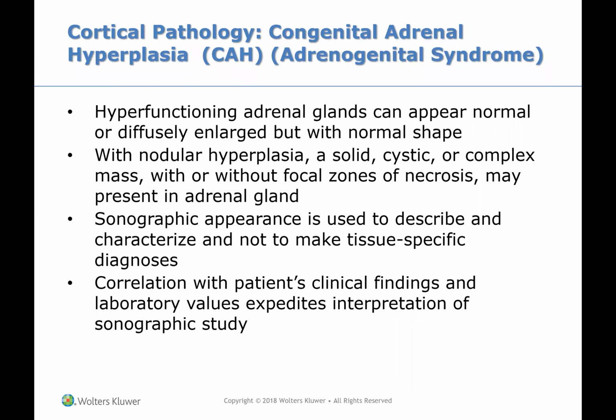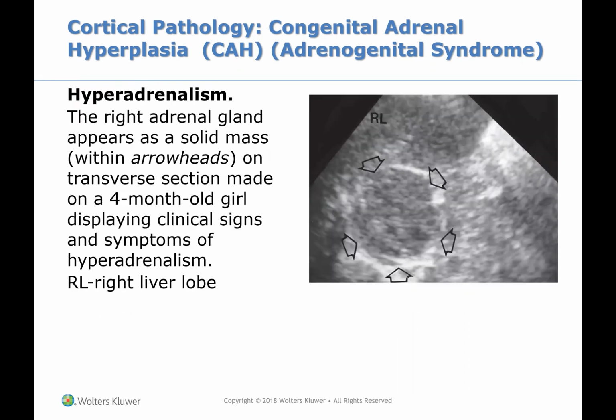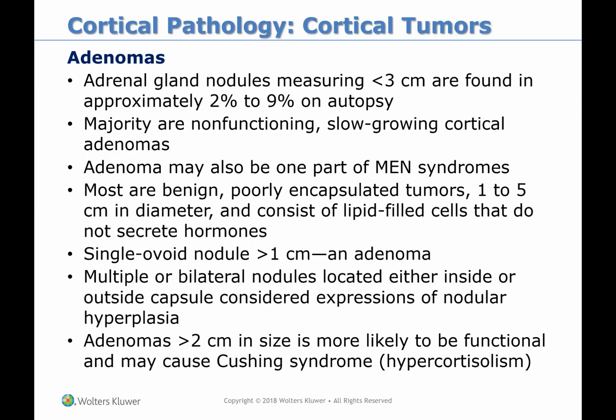Hyperfunctioning adrenal glands can appear normal or diffusely enlarged, but with normal shape. We can also have some cortical tumors. Adenomas, which measure less than 3 centimeters, are found in approximately 2 to 9% of autopsies.